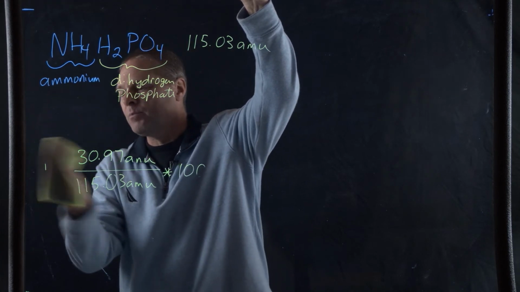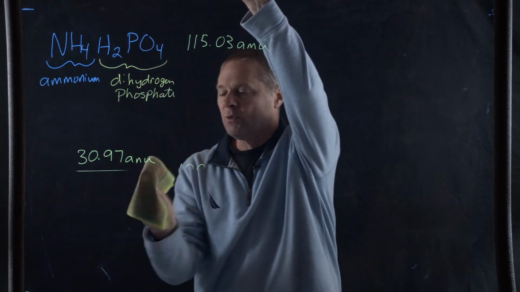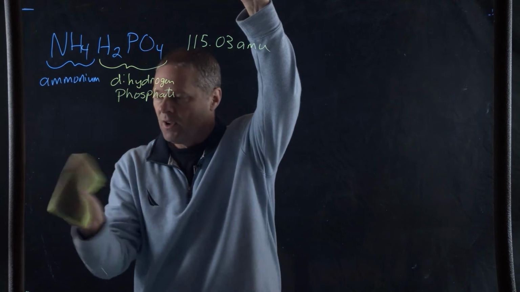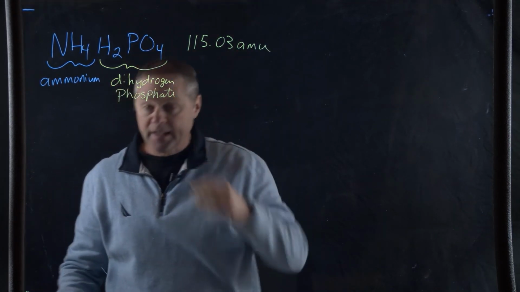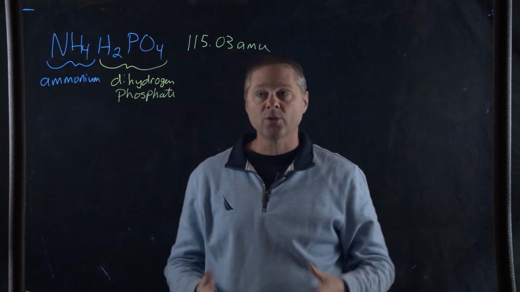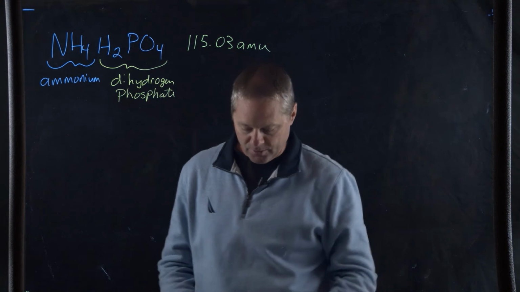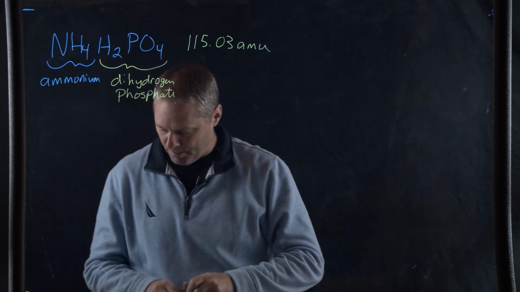When we find that mass percent, we're going to multiply that by 100 grams. So if we have 100 grams of the ammonium dihydrogen phosphate, we can simply multiply that by the mass percent, and that will tell us the mass of ammonium in the ammonium dihydrogen phosphate. We're going to do the exact same thing we did before, except we're dealing with ammonium.